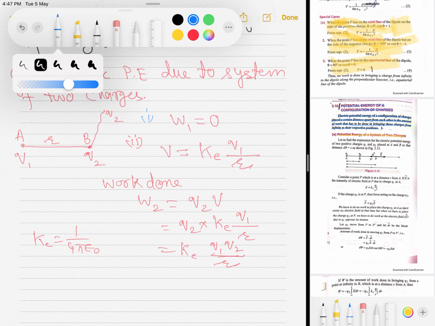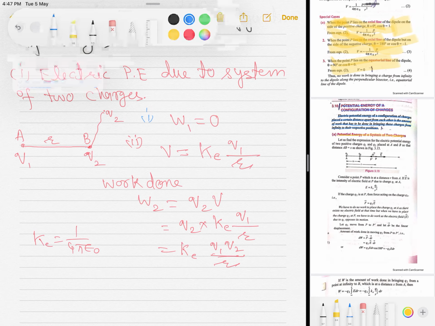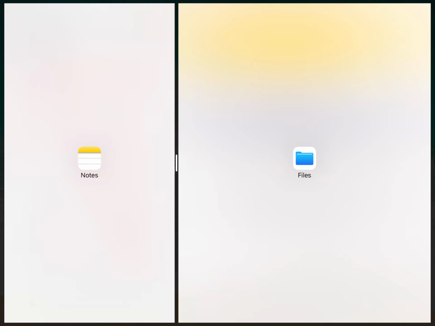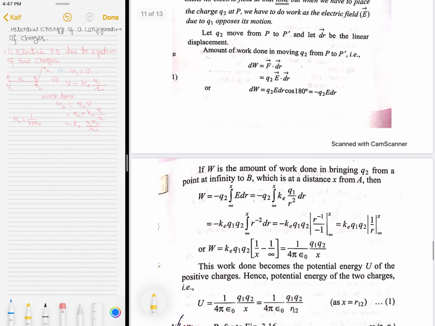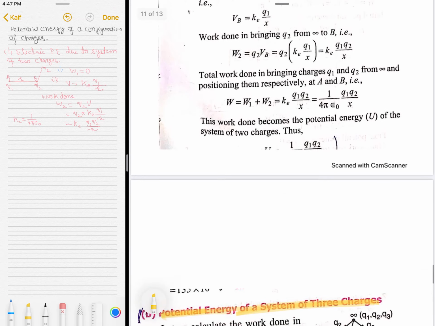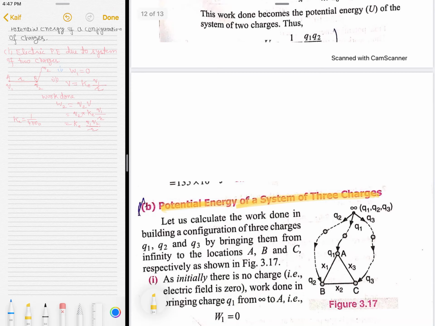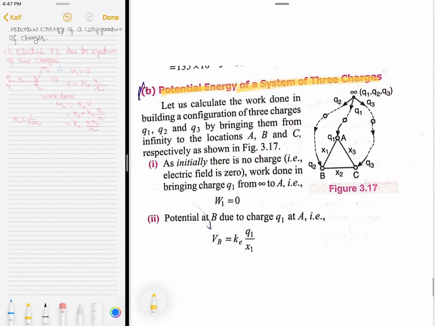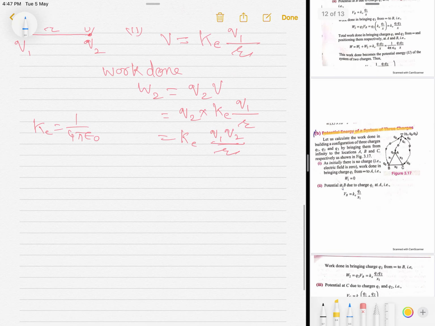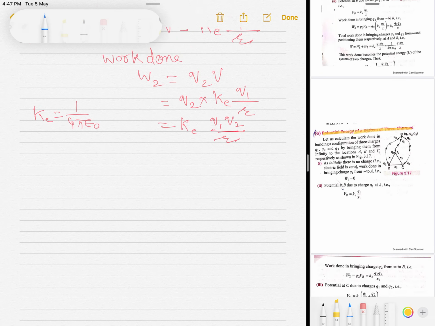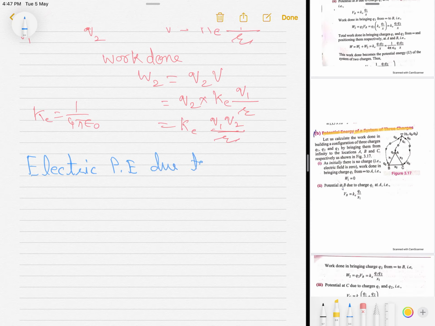Now, electric potential energy due to a system of three charges.